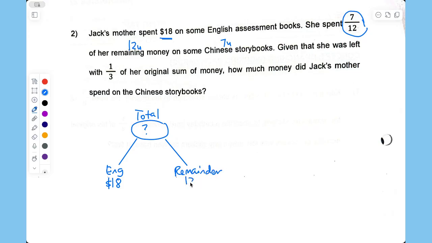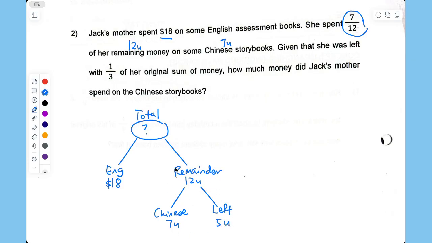The remainder is 12 units. And out of the remaining 12 units, she spent 7 units on Chinese books, because here it says she spent 7 out of 12 of her remaining money on some Chinese books. And what is left will be 12 minus 7, that is 5 units.